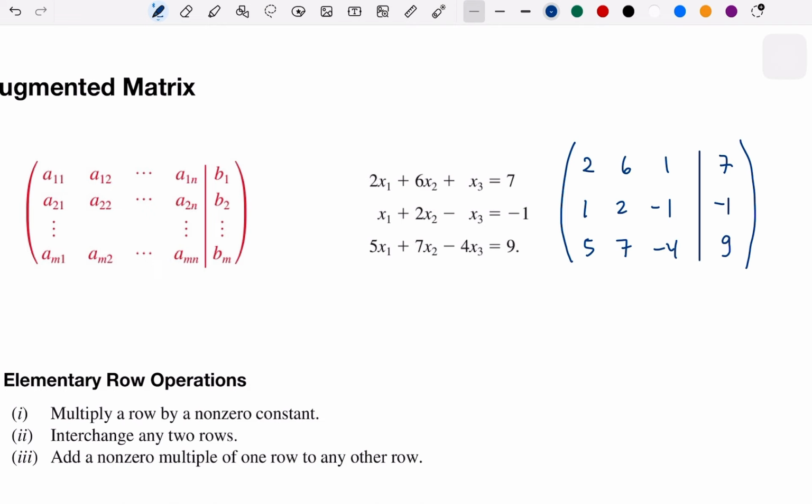So we have the augmented matrix or matrix of the system to easily compute the linear equation. What happens if, for example, there is no x1 here? We could just put 0. Okay.